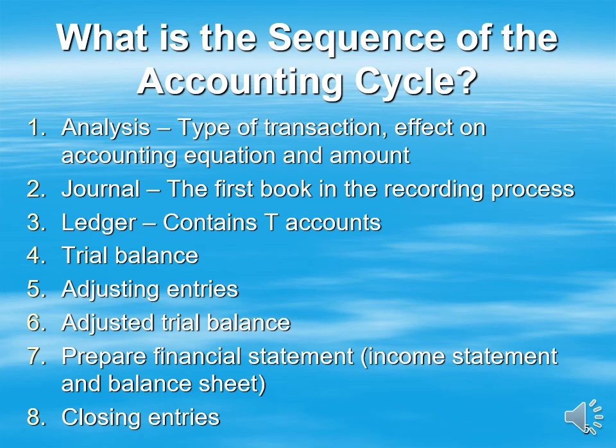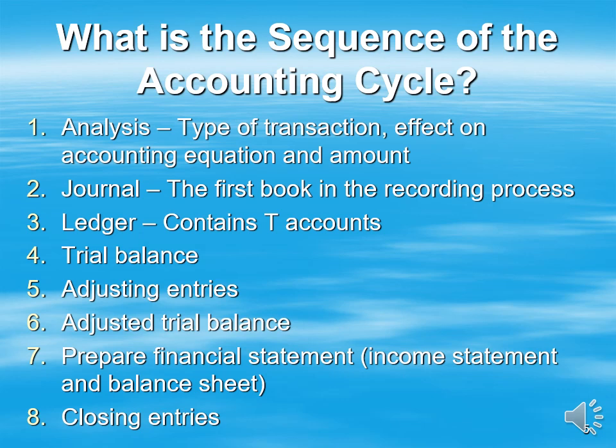The ledger is another book. It contains many T accounts. After you have transferred all the journal transactions into the ledger, you have to close the accounts and do step 4, which is to prepare the trial balance.